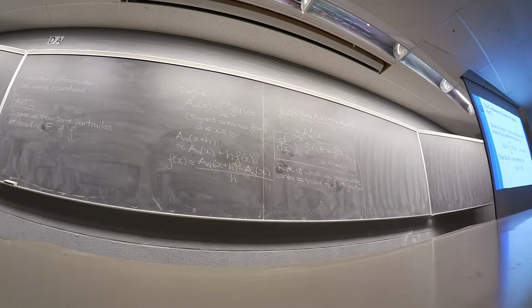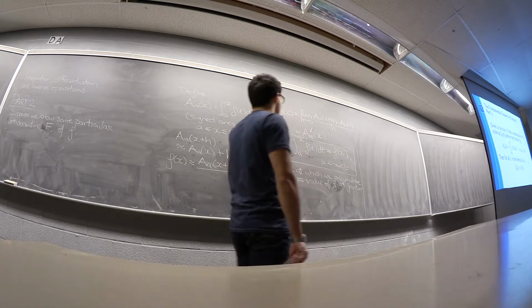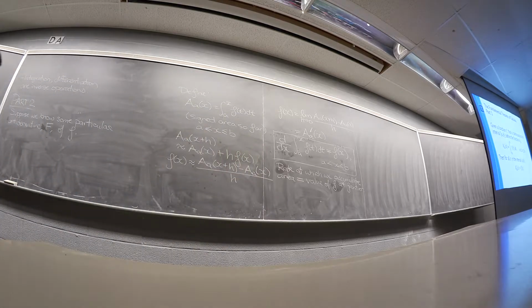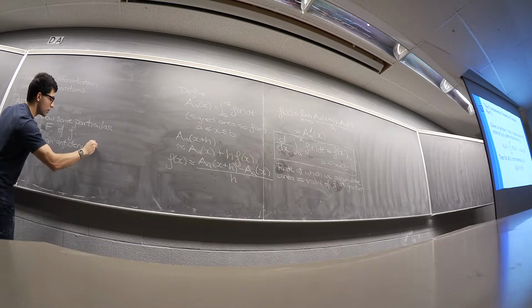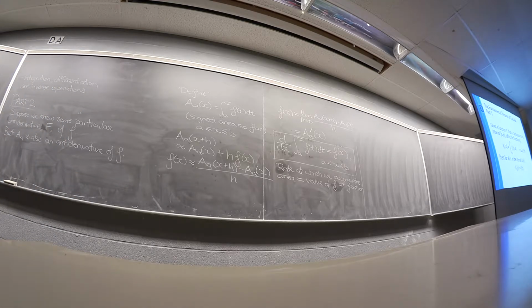We have some experience in finding antiderivatives. We'll get more next class. So suppose we know some antiderivative of f. But what did we say here? The derivative of the area so far function is f. So the area so far function is one of the antiderivatives of f. So the area so far function is also an antiderivative of f, by part 1.